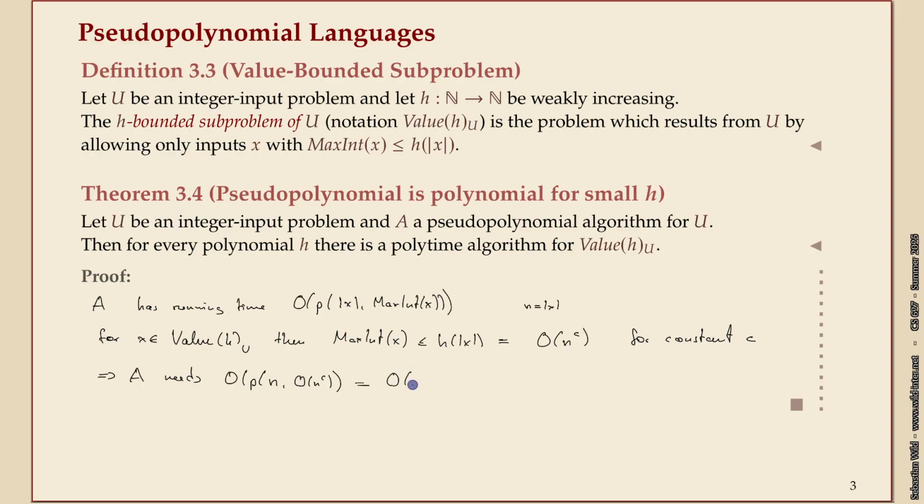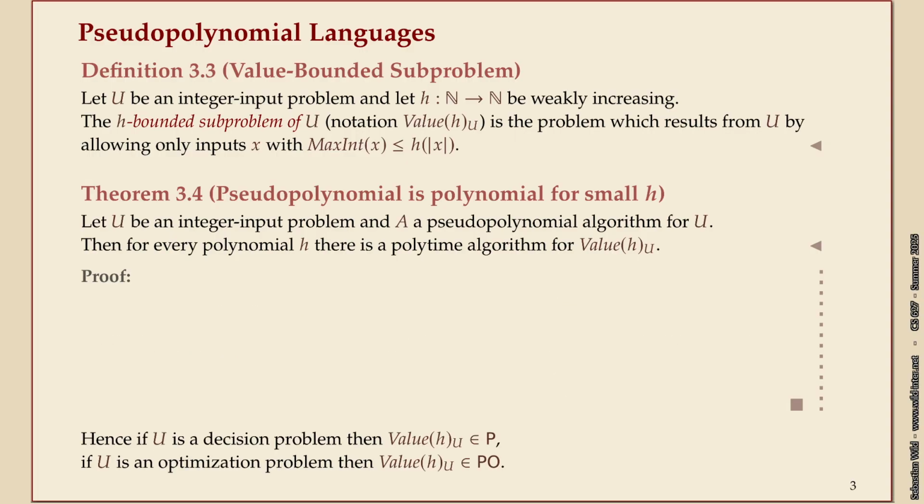And that's another polynomial, just as we discussed now, for another constant d. And so A runs in polynomial time for all x in value h of u. Okay, that's all there is to prove here.